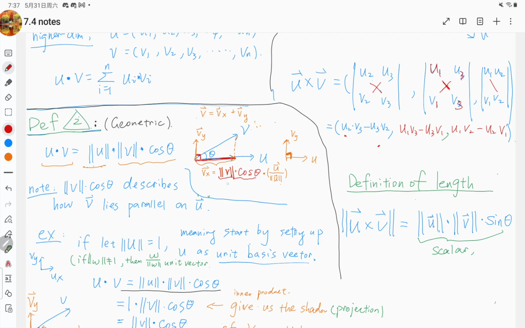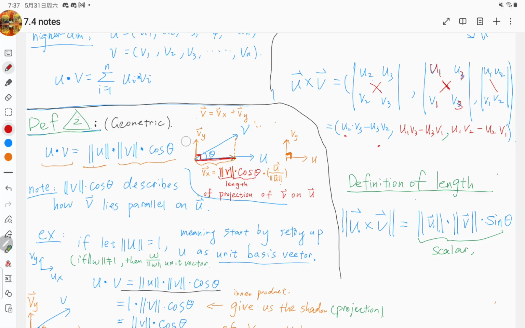So the norm of v times cosine theta is the length of the projection of v on u. Okay, so again, in this inner product definition, we only get information about scalars, about numbers, without a vector.